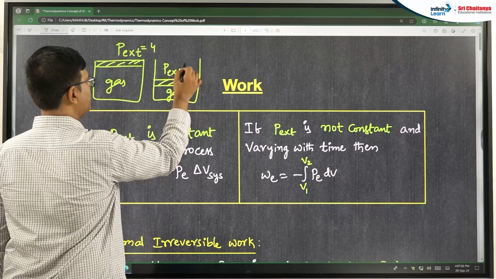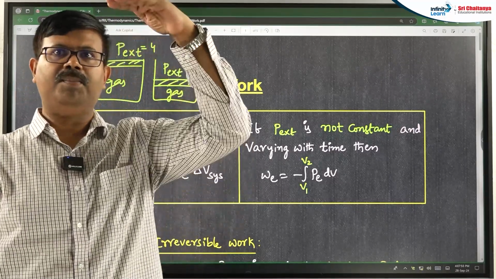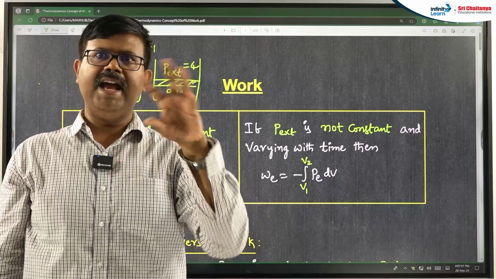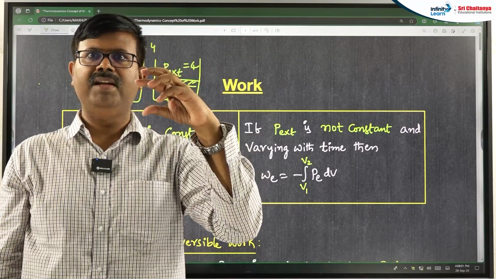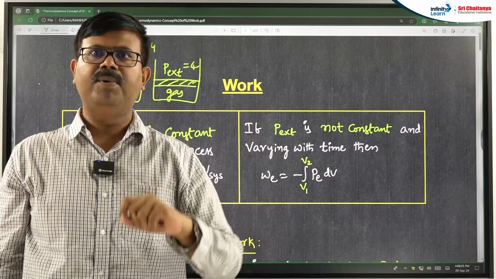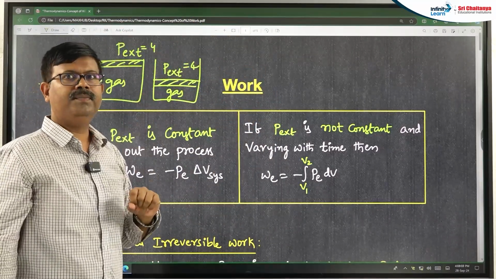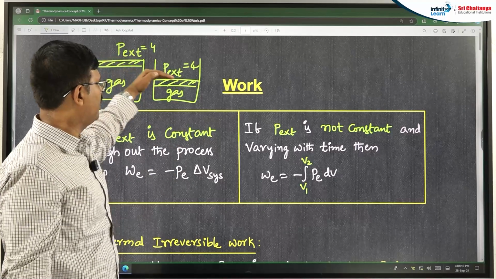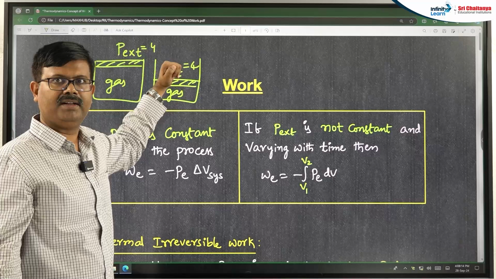Throughout the process, external pressure stays at a value of 4 atm and the piston is moved down. So gas pressure is changing. When the gas is getting compressed, its pressure will increase, but external pressure remained at the same value of 4. So when the piston is in motion, external pressure is constant.